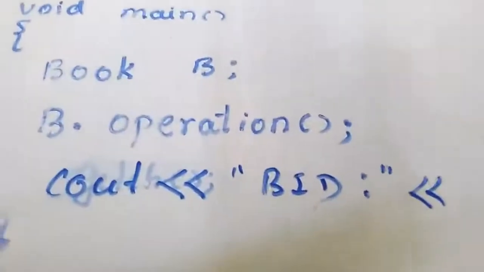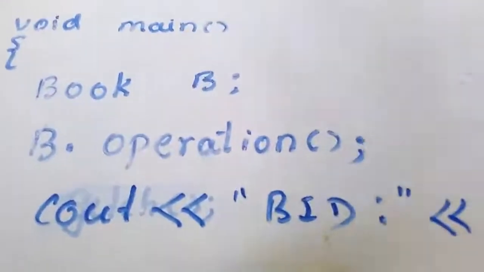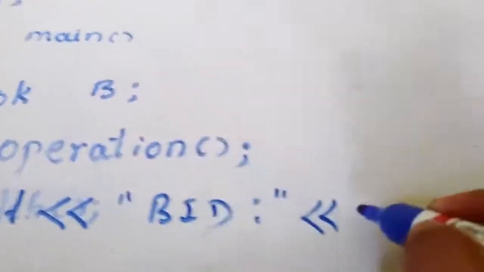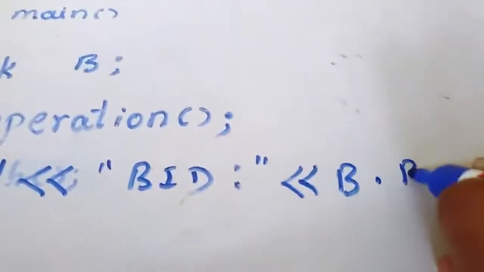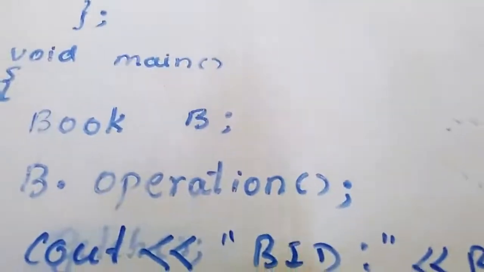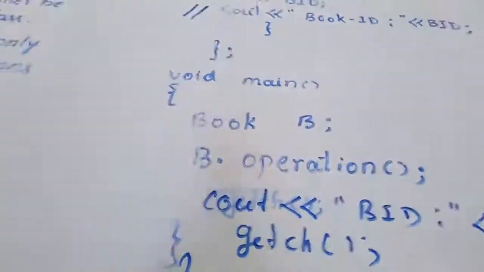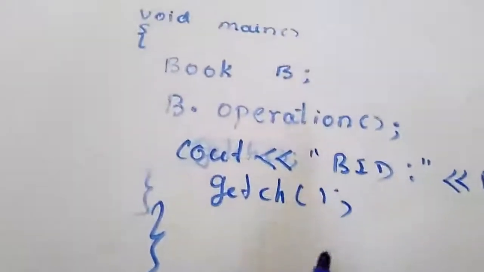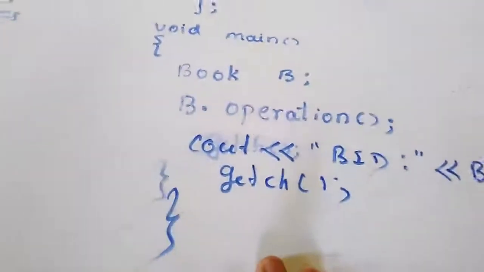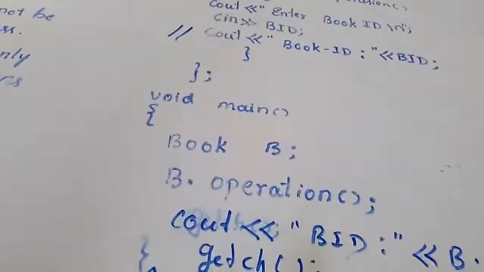As per the rule, to access members of a class, use the object and dot operator. So I must use b.BID semicolon, then getch and close. If you are trying to display or access this private data from the main function, you will get an error, because private members cannot be accessed from the main function. So this is wrong. You should not write like this.